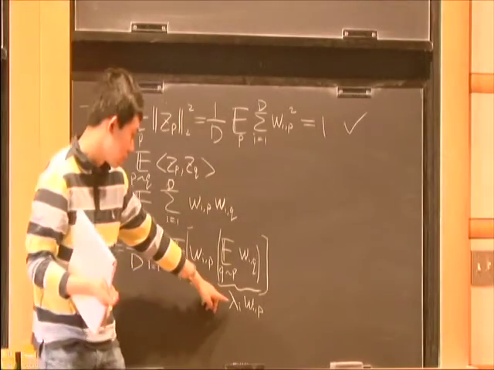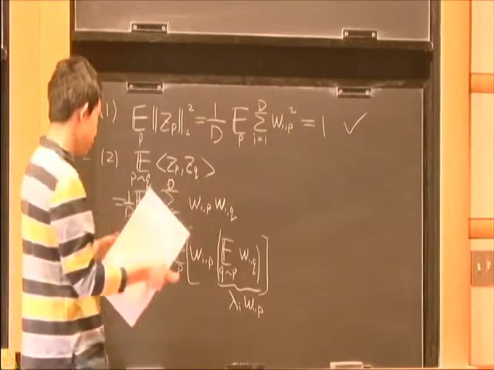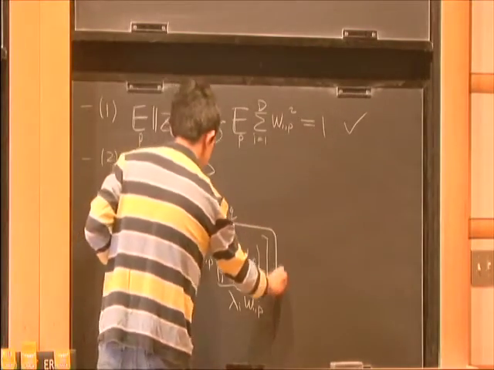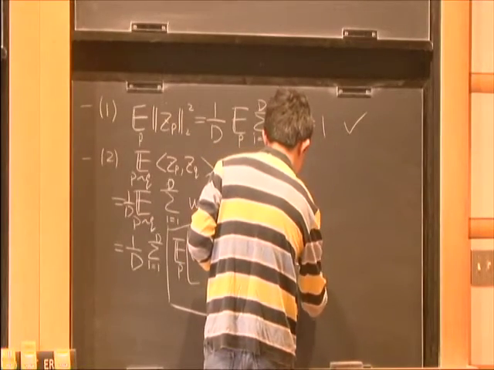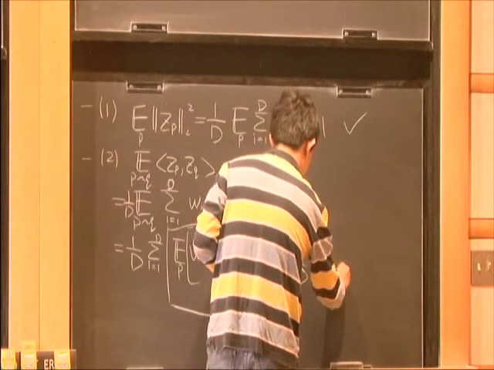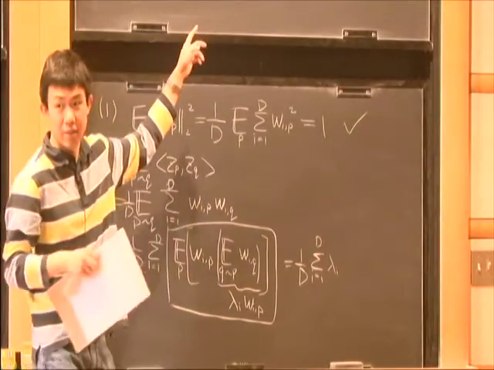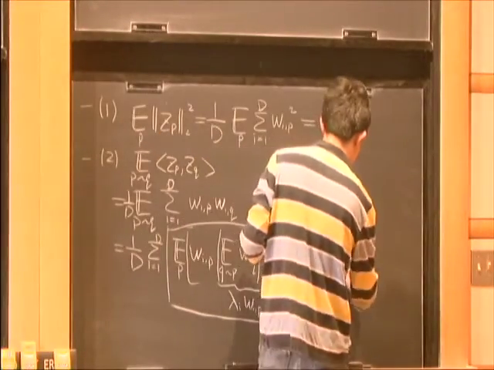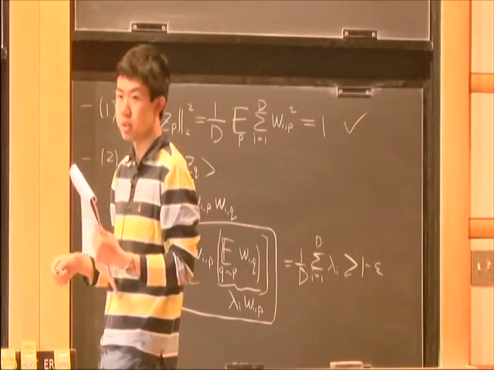Now you see this is lambda_i times W_i(P) squared. So this whole thing is just lambda_i. So this is 1 over D times the sum of i from 1 to D of lambda_i. And as we assumed, all the eigenvalues are at least 1 minus epsilon. So this is definitely at least 1 minus epsilon. So 2 is also satisfied.